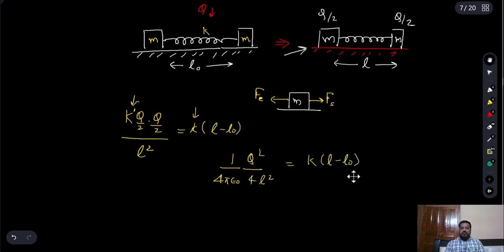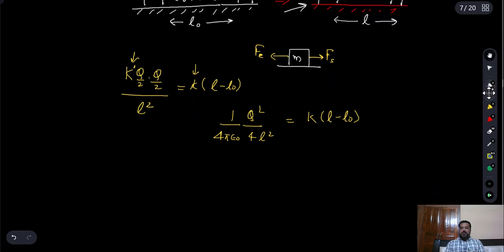If you solve this, you simply get the value of q square as 16 pi epsilon naught L square times k' (L minus L naught).